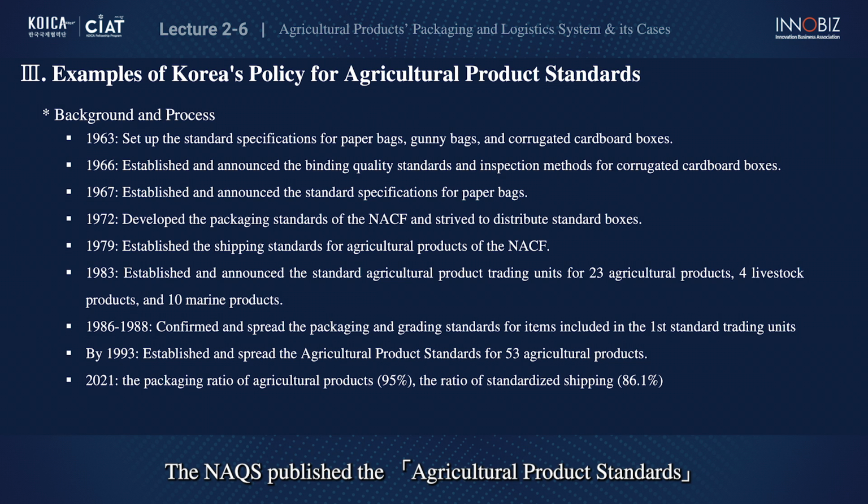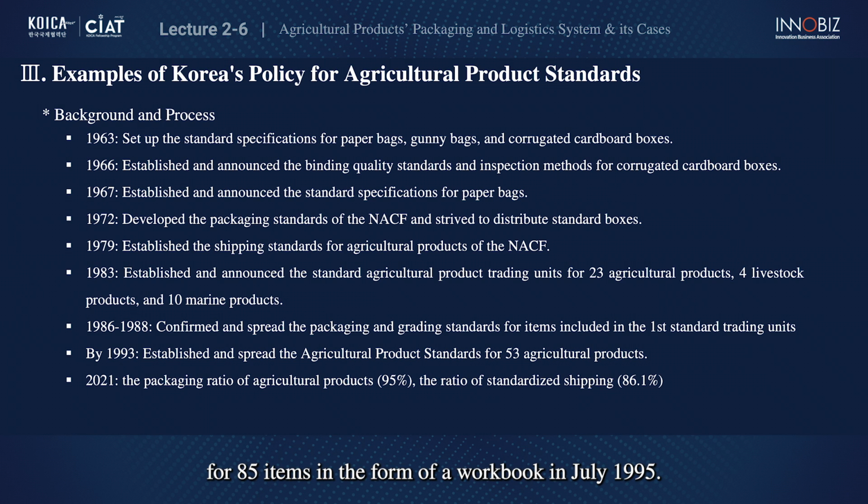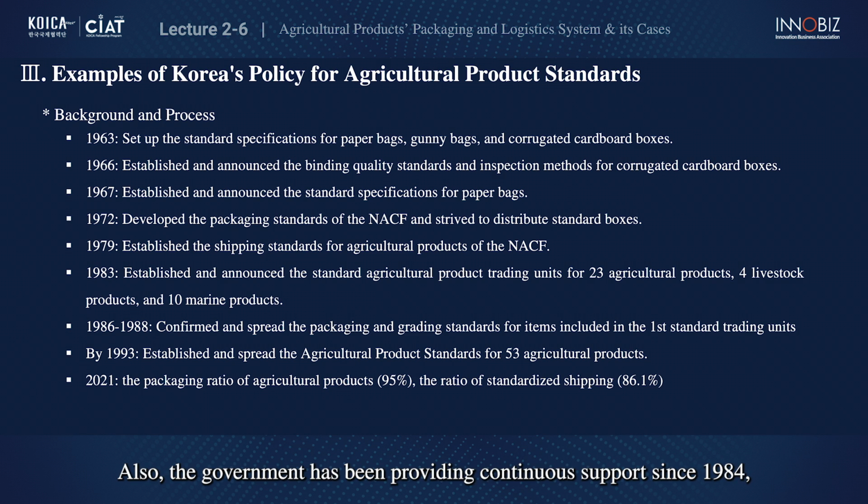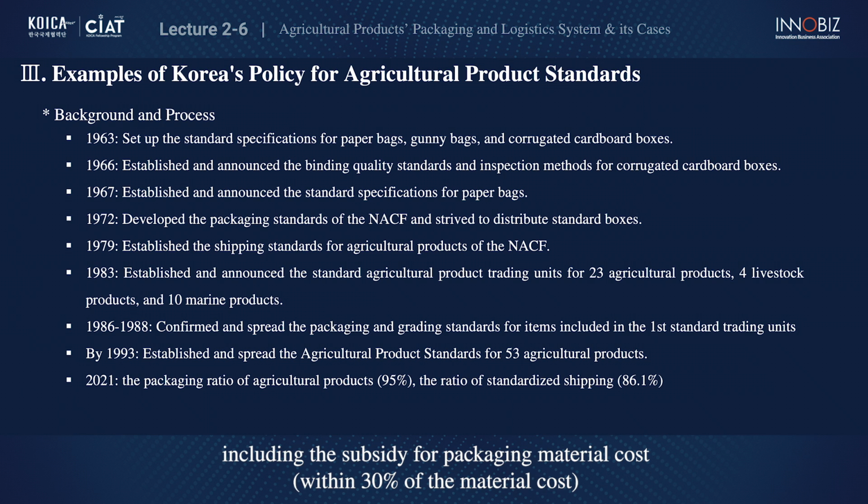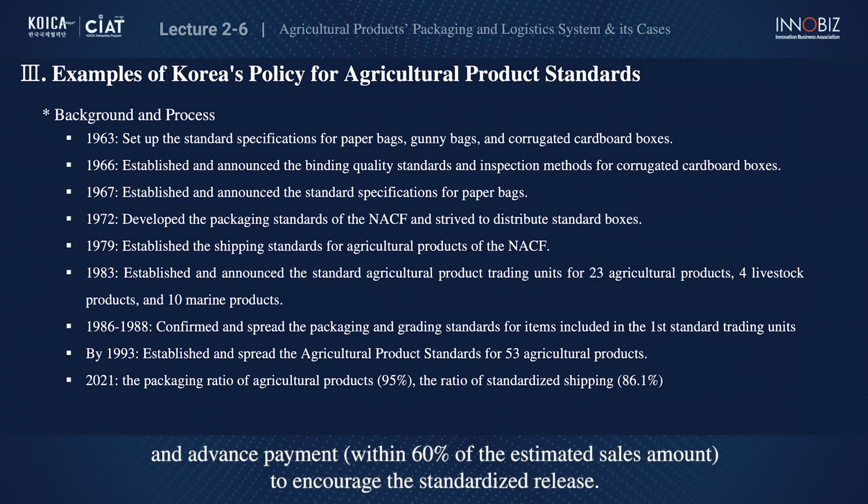The NAQS published the agricultural product standards for 85 items in the form of a workbook in July 1995. Also, the government has been providing continuous support since 1984, including the subsidy for packaging material cost and advance payment to encourage a standardized release.